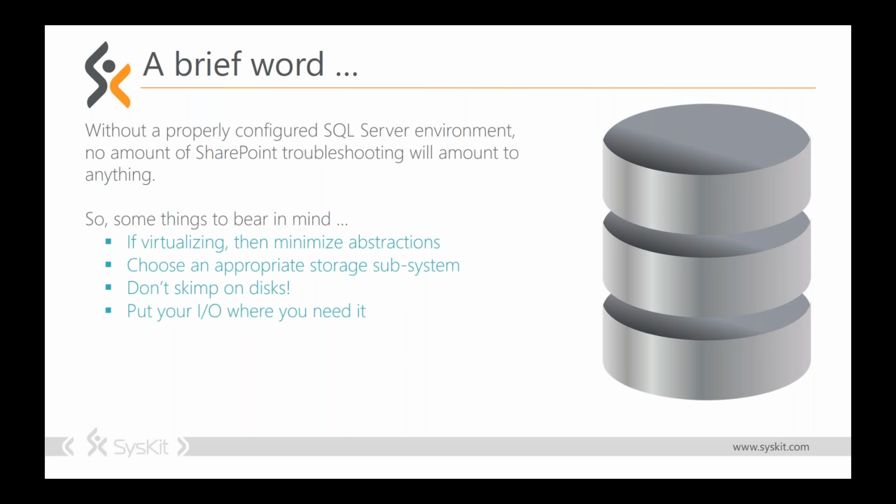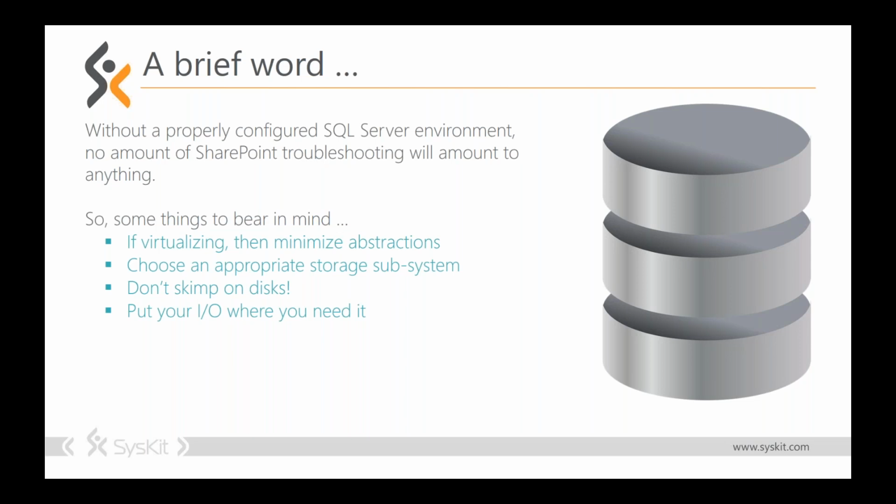And what do I mean by that? Well, in virtualization terms, we often have many different layers stacked underneath the operating system before we actually get down to the hardware. We've got a hypervisor layer, we have virtualization software, we have drivers and redirectors. Minimize as many of those as possible.